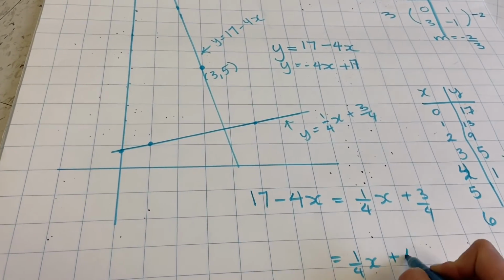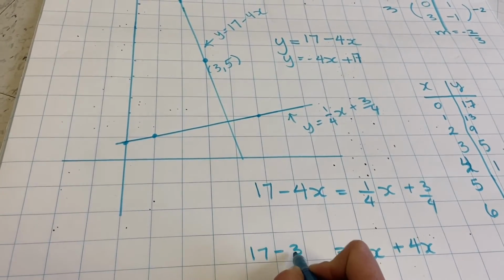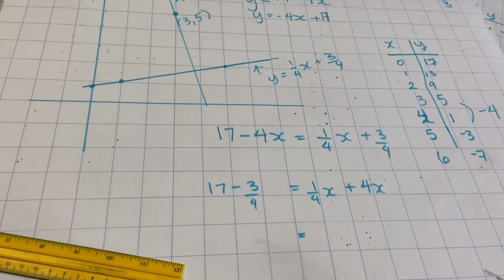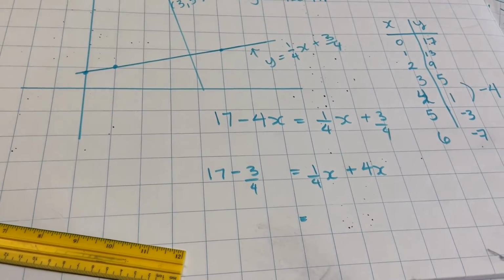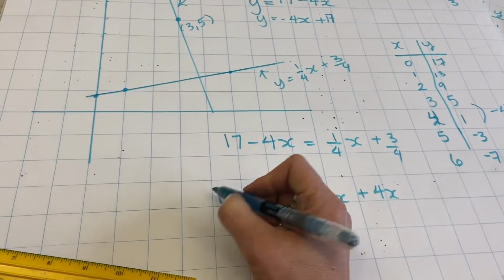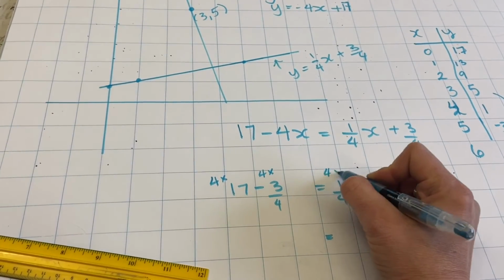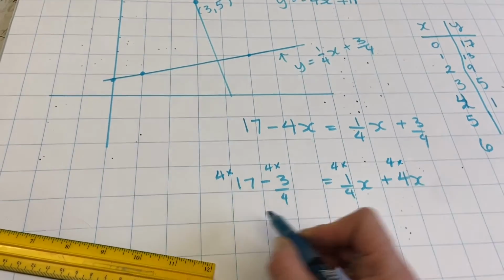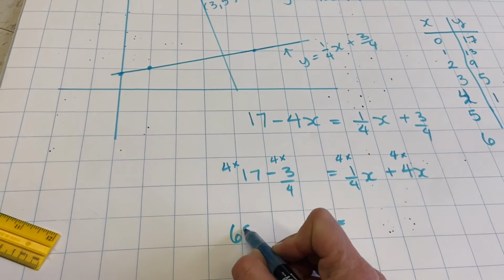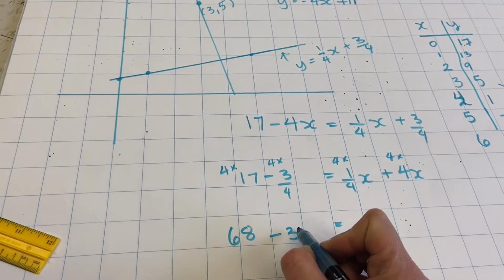So I'm going to do some algebra. 1/4x plus 4x. I'm going to move this over. And then 17 minus 3/4. And here's a little trick. Anytime you have an equation with fractions, you can multiply all the parts by that bottom denominator. If I multiply everything by 4, the nice thing about that, 4 times 17, I need to do some mental math, 68. 4 times 3 divided by 4 is just minus 3.